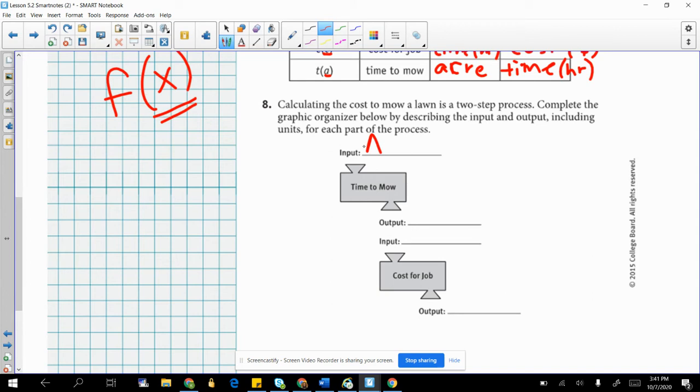So that's your first input, the acres, and we could say that's the area in acres. We plug that in, and then the output is the time in hours, and that's using this function here. So the input was area in acres, and the output was time in hours.